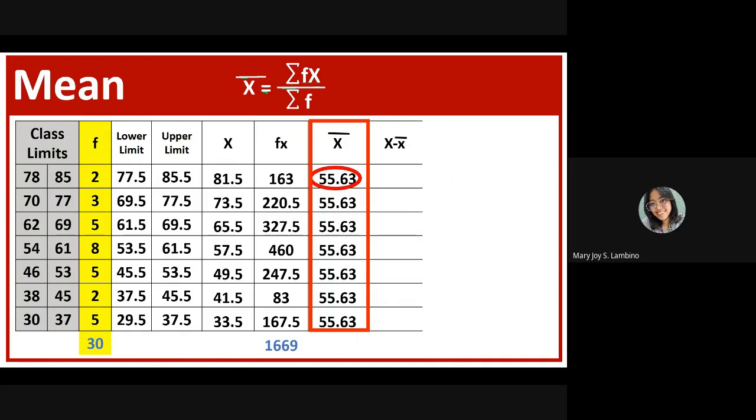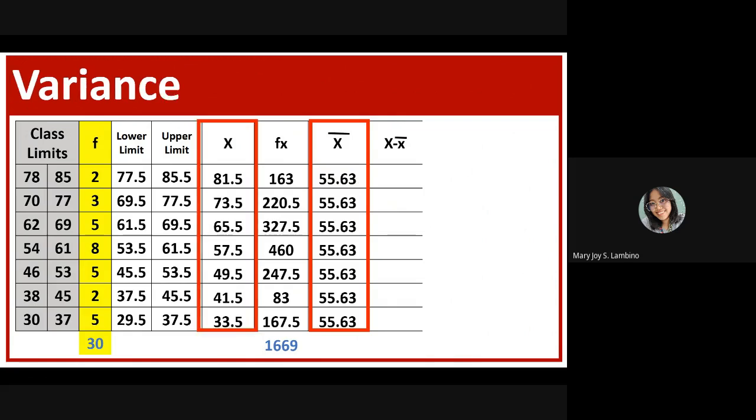So now, let's proceed to another column and add the column of mean. So we will put the column here and put the mean, which is 55.63. Let's have another column on the right side, which is x midpoint minus the mean.